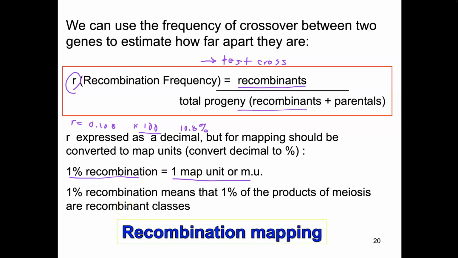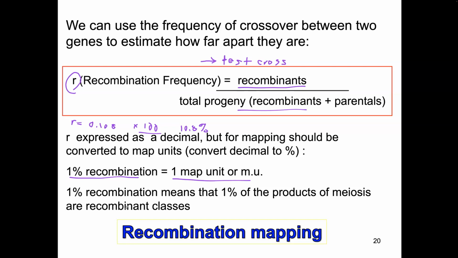And again, as I said, mapping is a real thing, and a map unit, for most organisms, there may be some exceptions, but for most organisms, a map unit is close to around 100,000 base pairs, right? So if we had 2 genes and we were getting only about 1% crossover between them, we could guess that there are between 90 and 120,000 nucleotides apart.